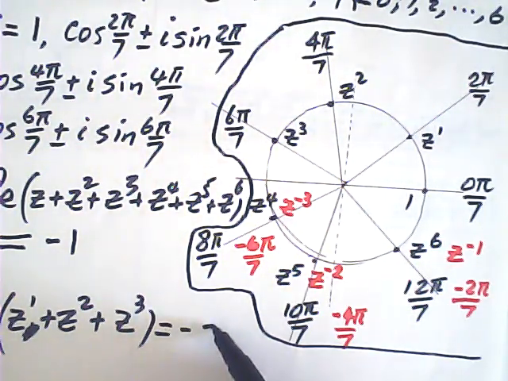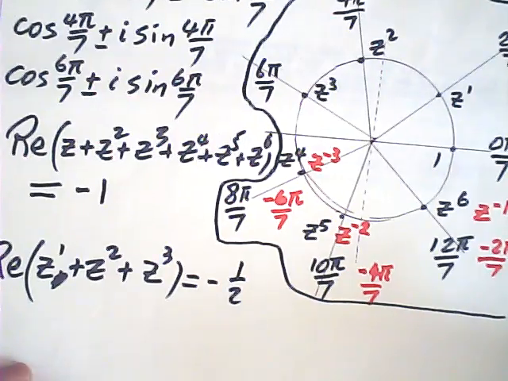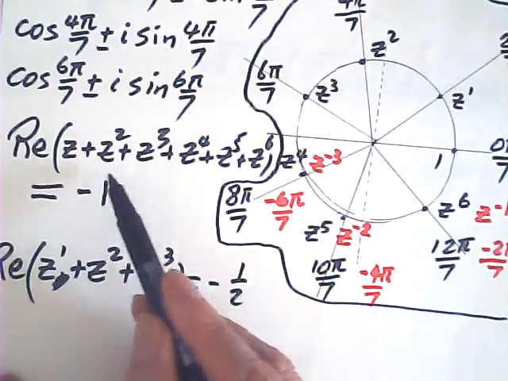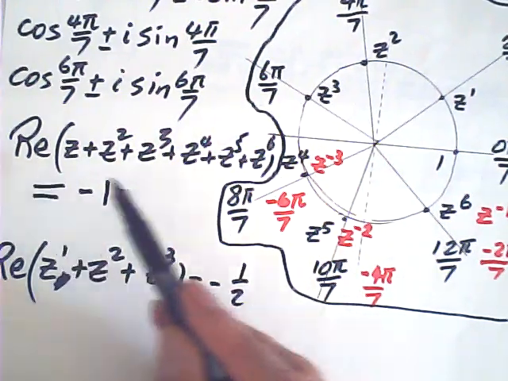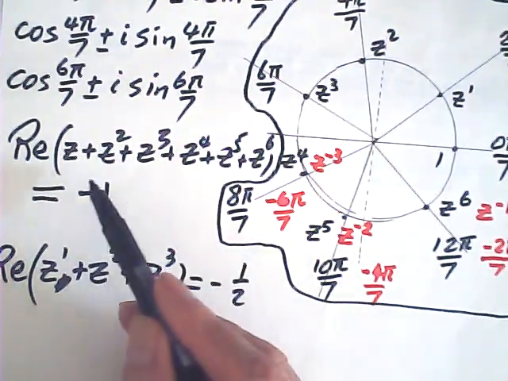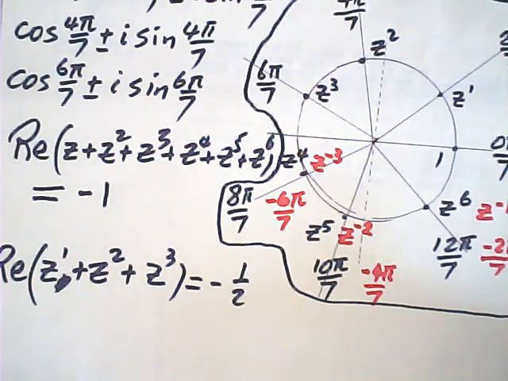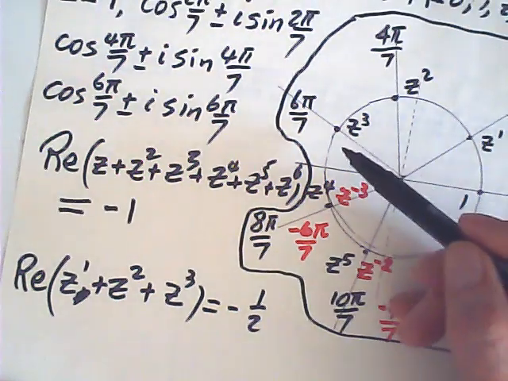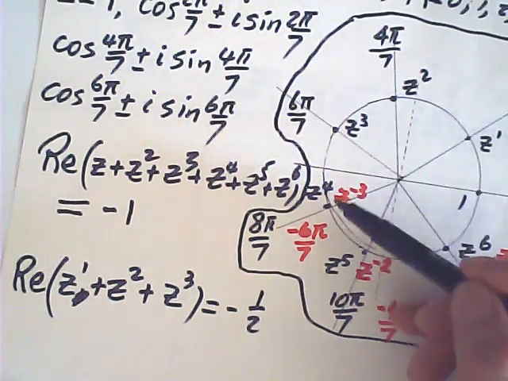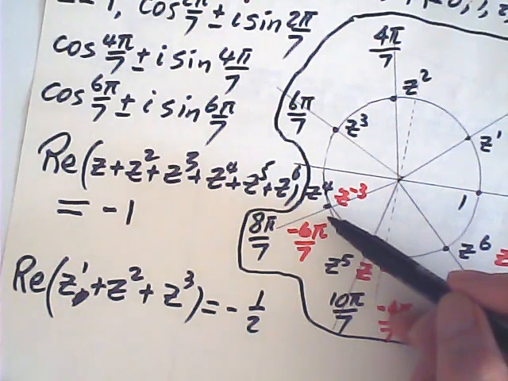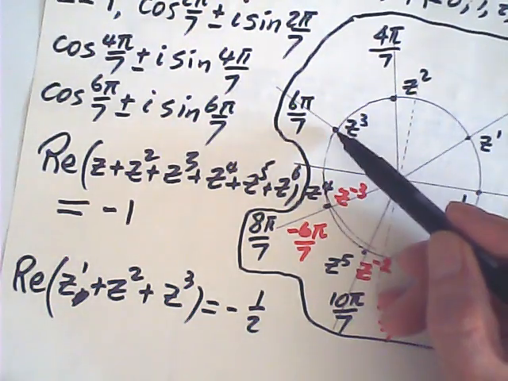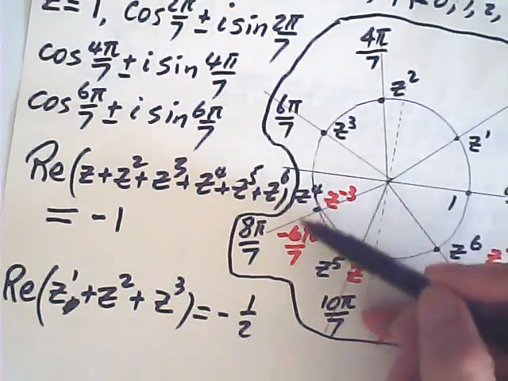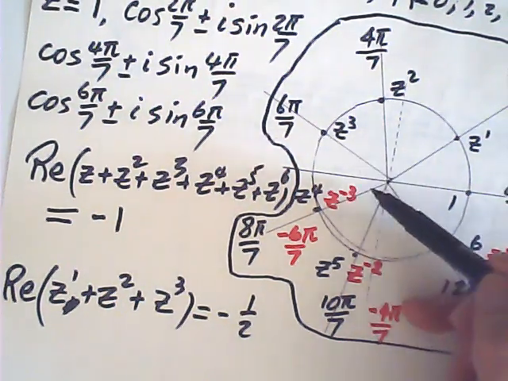Therefore, this one is equal to -1/2, because for the 6 numbers the real part is -1, and half of it must be -1/2. Since z cubed is equal to z fourth in real part, these two roots have the same real part.